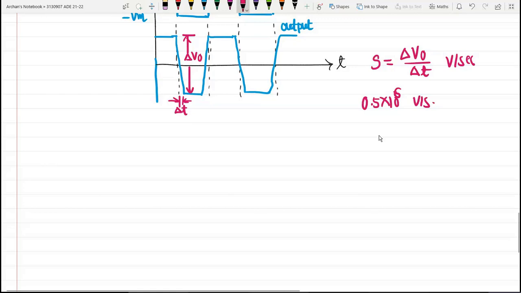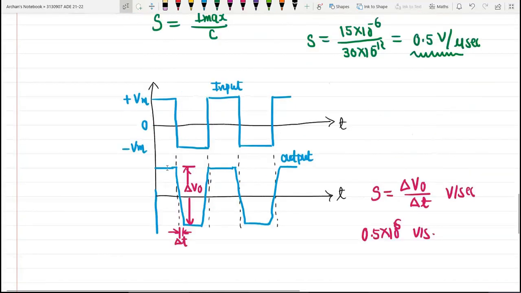Okay, because as I have told you, the exact square wave of output voltage will be observed for a certain frequency of input. Okay, so for a particular frequency, my output is not going to be distorted, but for other frequencies our output gets distorted. Okay, so we have to find out this maximum frequency for which my output is not going to be distorted.